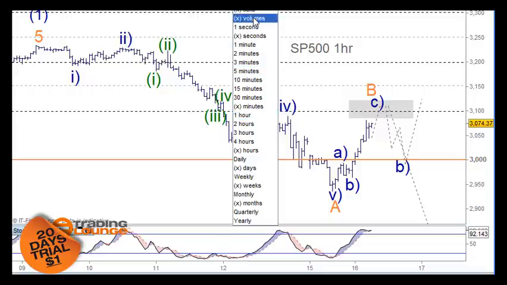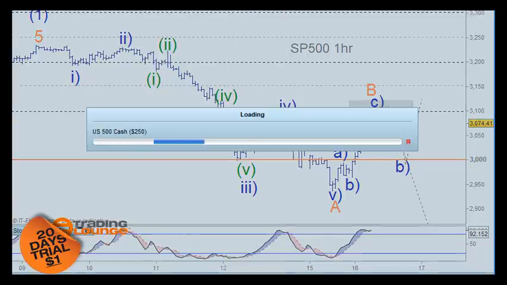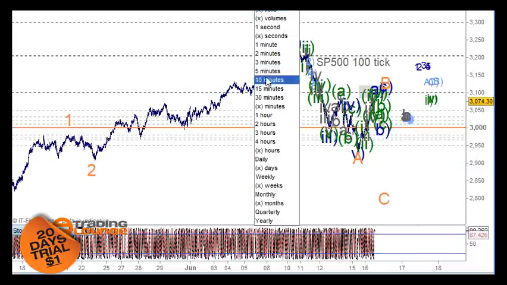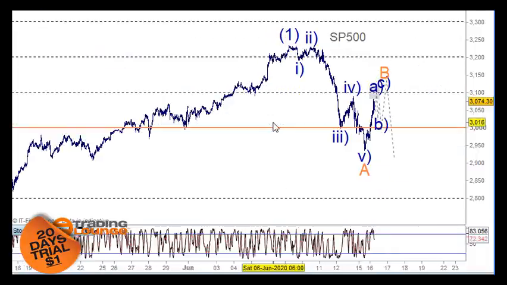So in that case, I'll go back to, not this chart, but the 15-minute chart here.